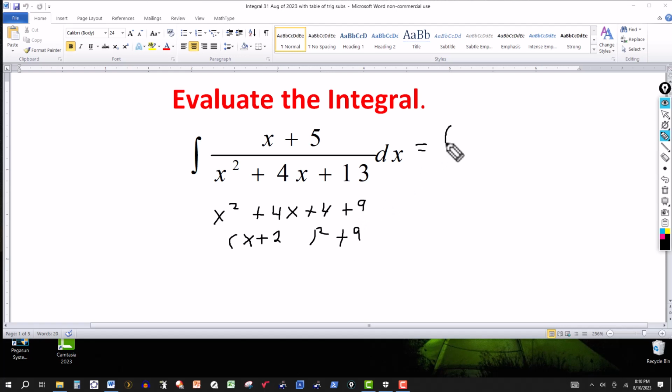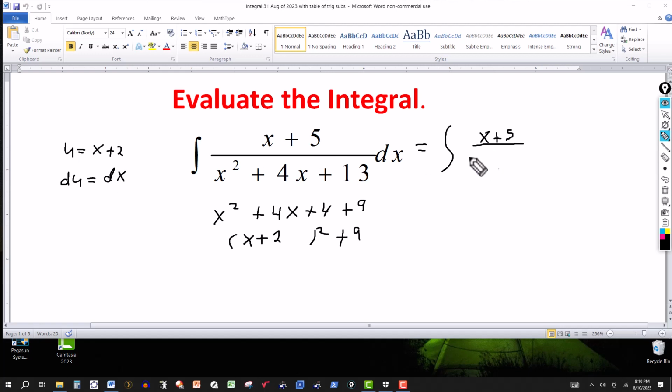So then we can rewrite this as the integral of x plus 5 over, and I'm going to let u equal x plus 2. So in the denominator, well, let me do this first. du would equal the derivative of x plus 2, which is 1, so this will be dx.